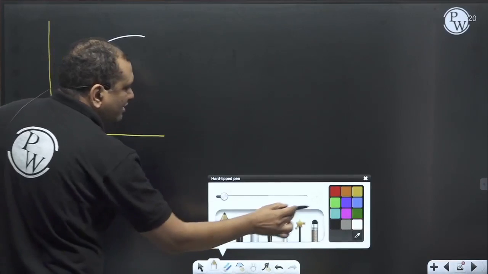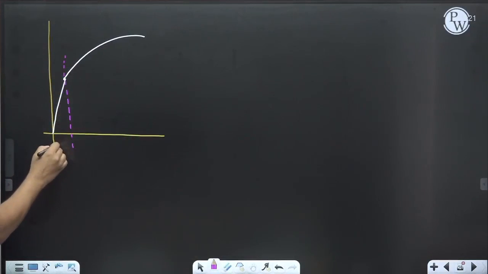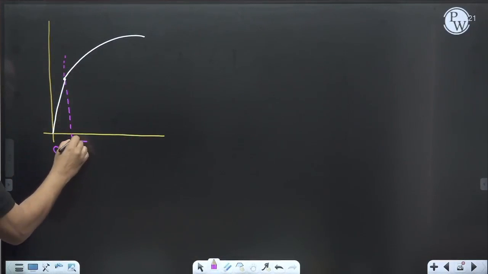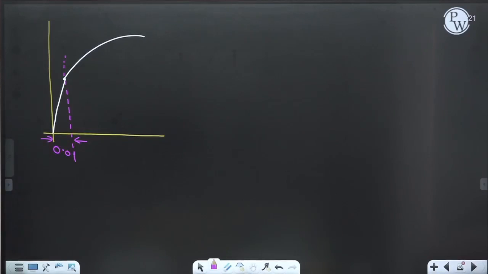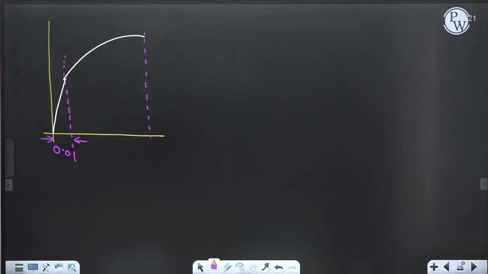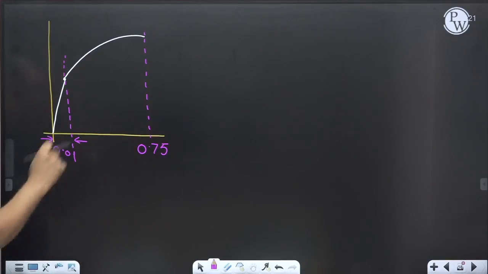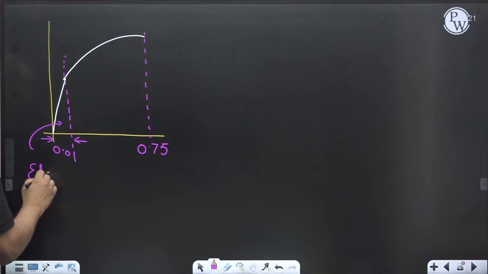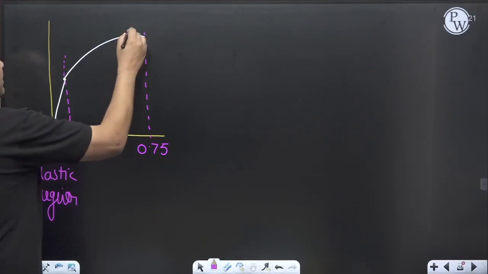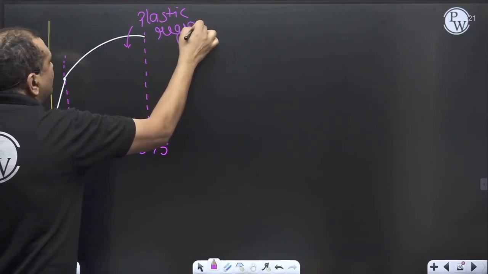This is 0.01 in the elastic range, and up to fracture it is 0.75. This data is given to you. This is the elastic region, and this region is the plastic region.